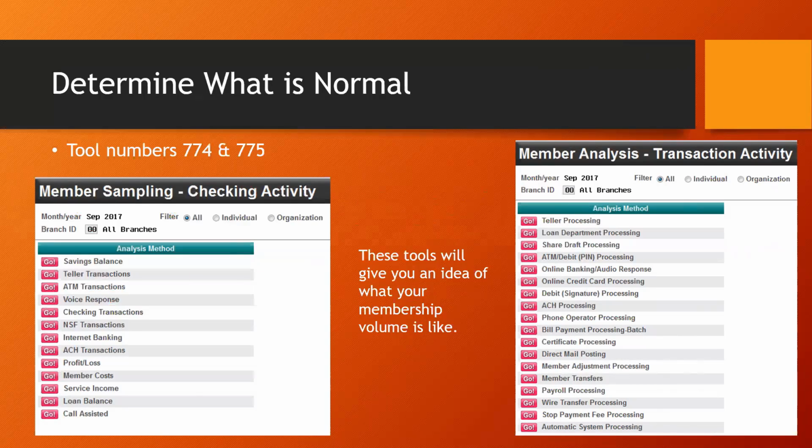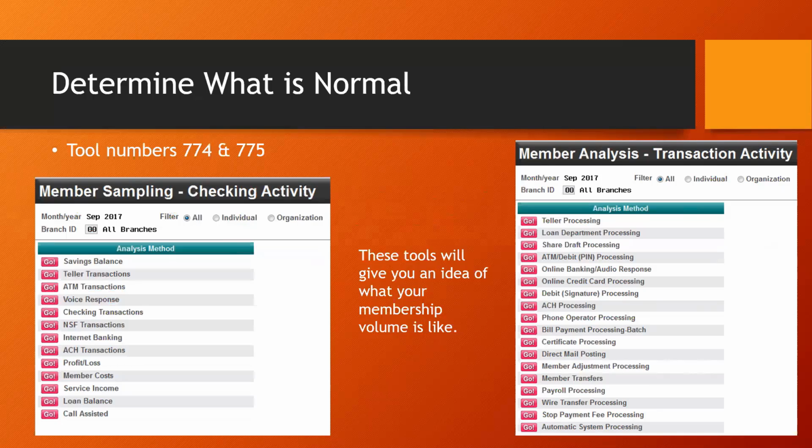The tools that we recommend you go into as it relates to normality are tools 774 and 775. What you're seeing on these two tools is each origin on the system, origin being where did the transaction start? What channel did it come through to hit the member account?